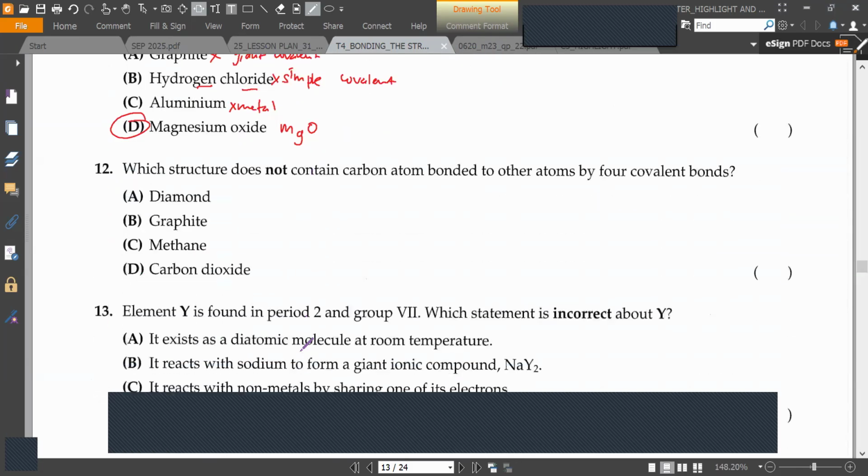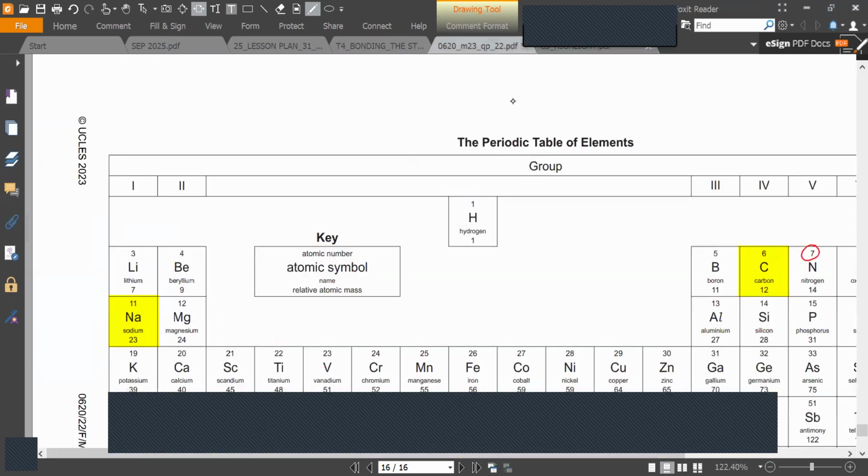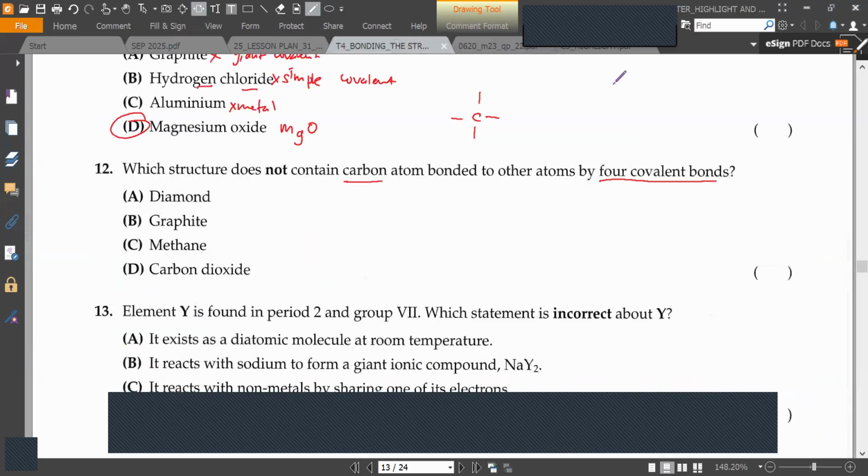Next. Which structure does not contain a carbon atom bonded to other atoms by 4 covalent bonds? So we want carbon bonded by 4 covalent bonds. Carbon has atomic number 6, electron configuration 2, 4.